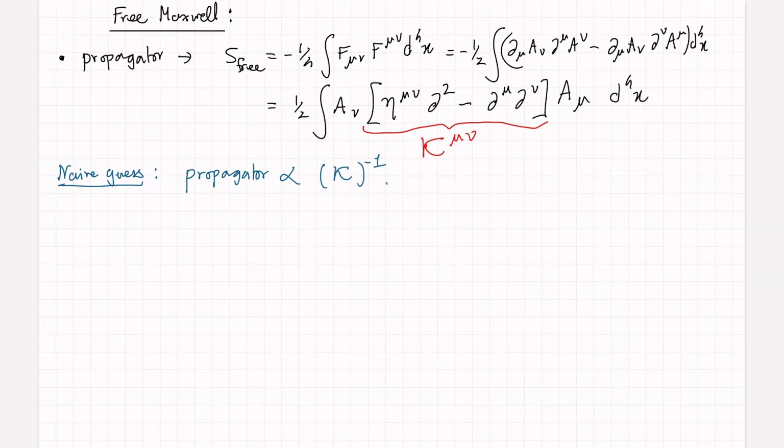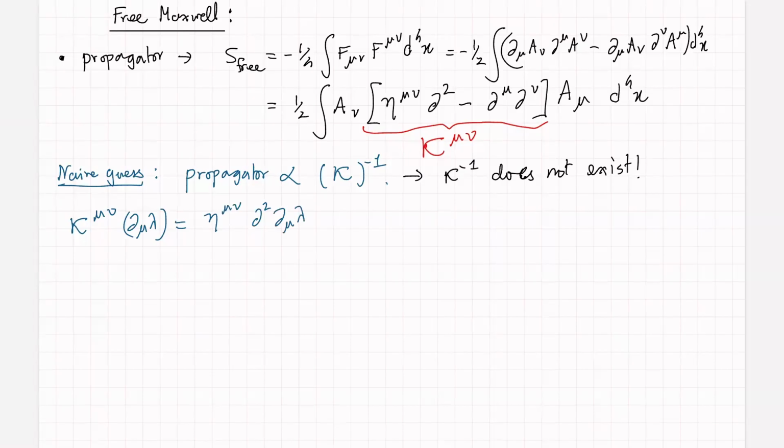But here comes the problem: this K inverse does not exist. How to see that? Well, the quickest way is to take this operator K mu nu and act it on del mu lambda, and see what we get. I'm using the definition of K mu nu up here. So this is del square del mu lambda minus del mu del nu del nu lambda.